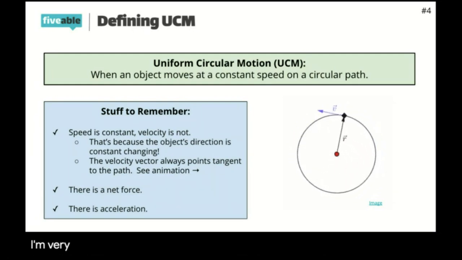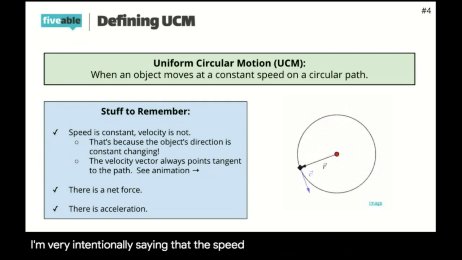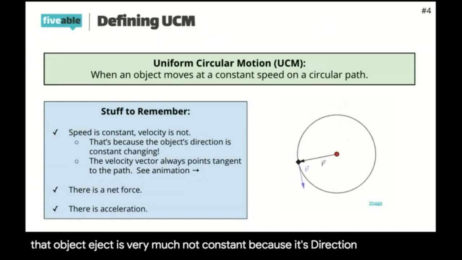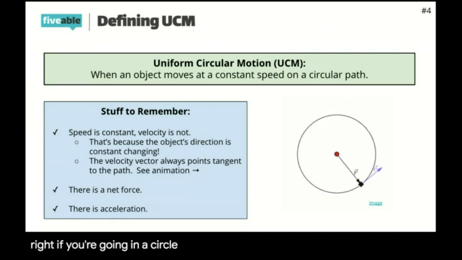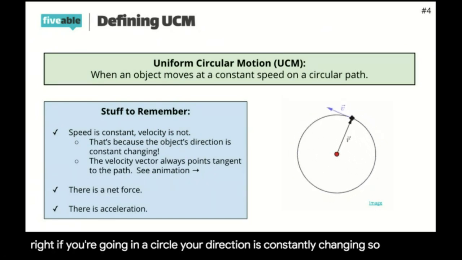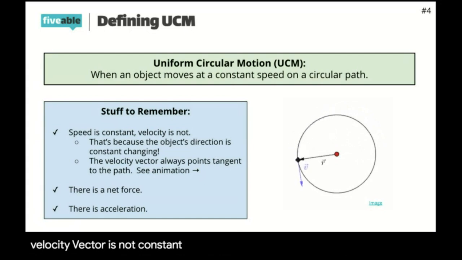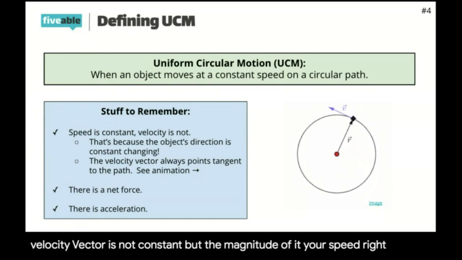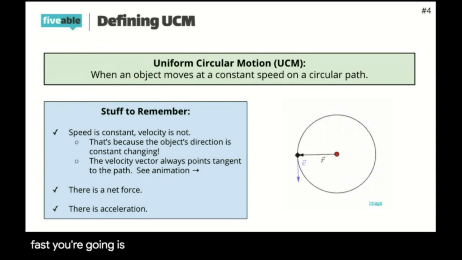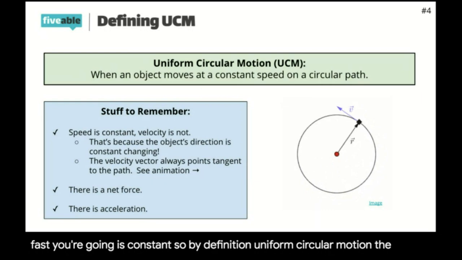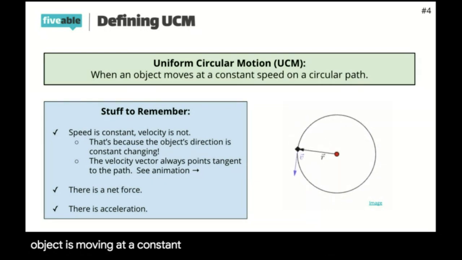Note that I'm very intentionally saying that the speed is constant because the velocity of that object is very much not constant, because its direction is changing, right? If you're going in a circle, your direction is constantly changing. So your velocity vector is not constant, but the magnitude of it, your speed, how fast you're going, is constant. So by definition, in uniform circular motion, the object is moving at a constant speed.